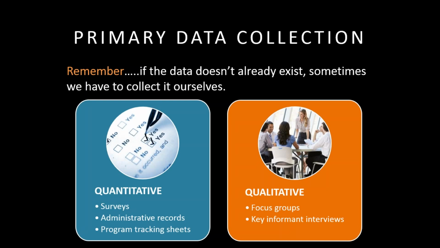Some of the approaches for collecting qualitative data are focus groups or key informant interviews, where you can ask something like, what were the biggest barriers to implementing your EBT machines at your farmers markets? Or what were the biggest barriers to getting a CHW program up and running? And it's open-ended. Quantitative data means there are set answer categories for the same kinds of questions.